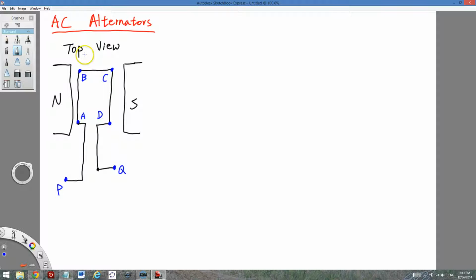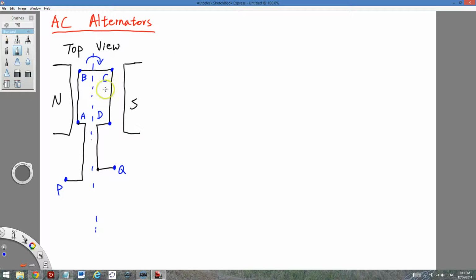If you look at the top view, we have a magnetic field going to the right, and we have a wire that rotates in a square, and the central shaft is here. If you rotate this, it will produce electricity.